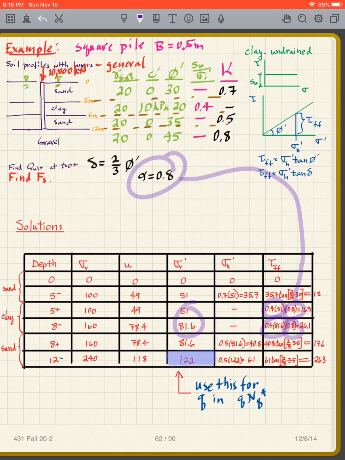So the alpha factor, I need to put that in. So that's where the alpha factor goes. So I multiply all that times 0.8. Again, that accounts for smoothness of the pile and disturbance of the clay and stuff like that. So that's the way I get all my tau FFs.